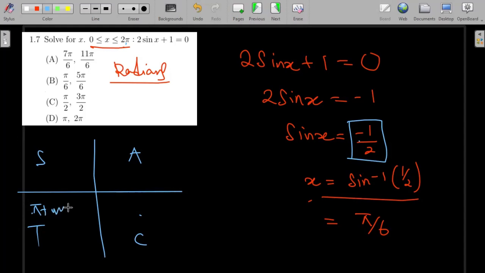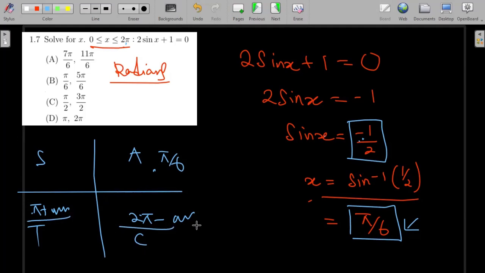Then if it's here, it will be 2 pi minus the angle that you find there. So these will be our answers, but we have to find the exact values by using this one, because this one is the same as 30, right? So it will be in the first quadrant, but this sign here is negative, so we have to get angles from where I see negative.